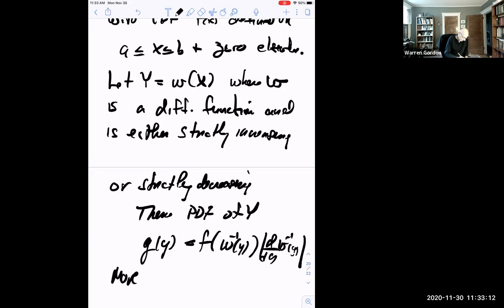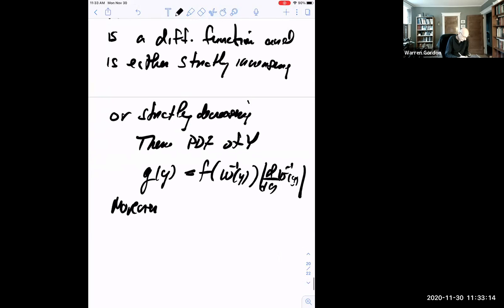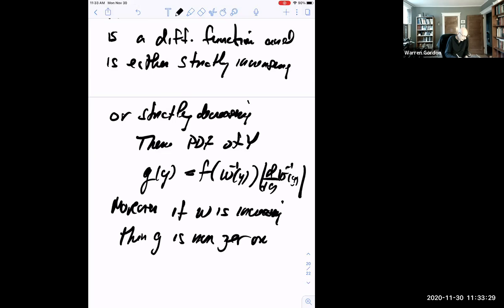Moreover, if w is increasing, then g is non-zero on the interval from w(a) to w(b).